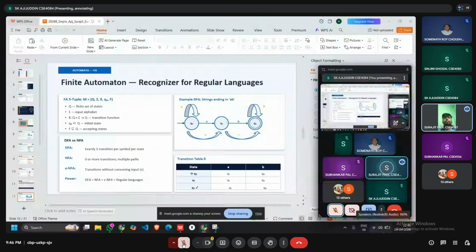It can only remember which state it is currently in. As shown on the slide, we have DFA, that is deterministic, and NFA, non-deterministic. DFA and NFA have the same power, and an NFA can be converted into an equivalent DFA. Next slide, Ajit.